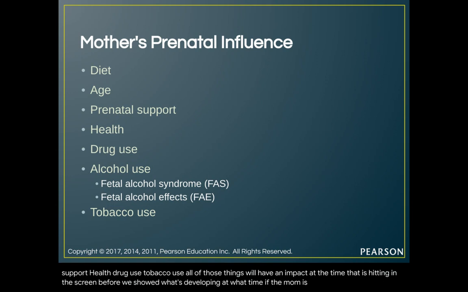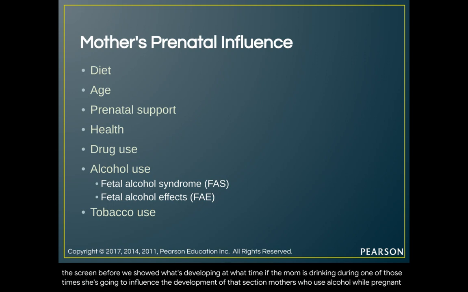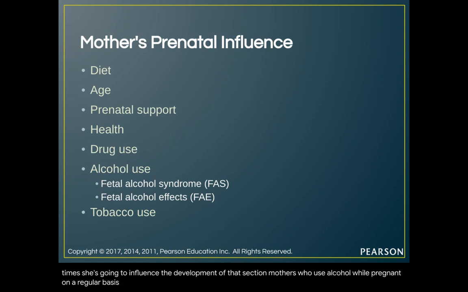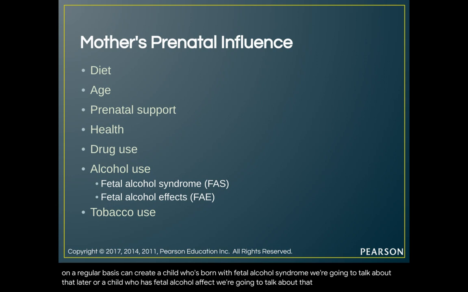If the mom is drinking during one of those times, she's going to influence the development of that section. Mothers who use alcohol while pregnant on a regular basis can create a child who's born with fetal alcohol syndrome. We're going to talk about that later. Or a child who has fetal alcohol effect. And we're going to talk about that later.